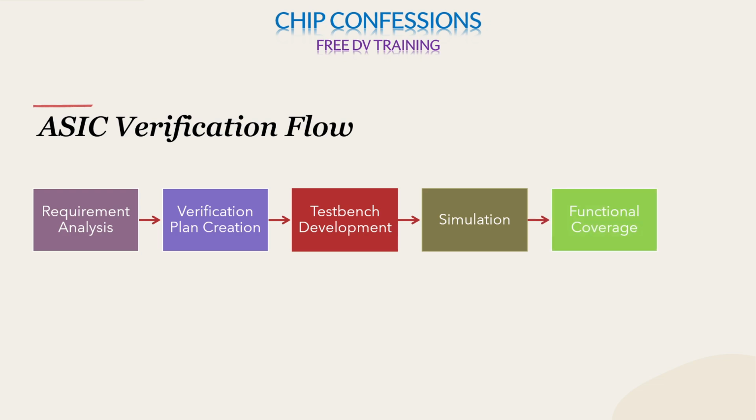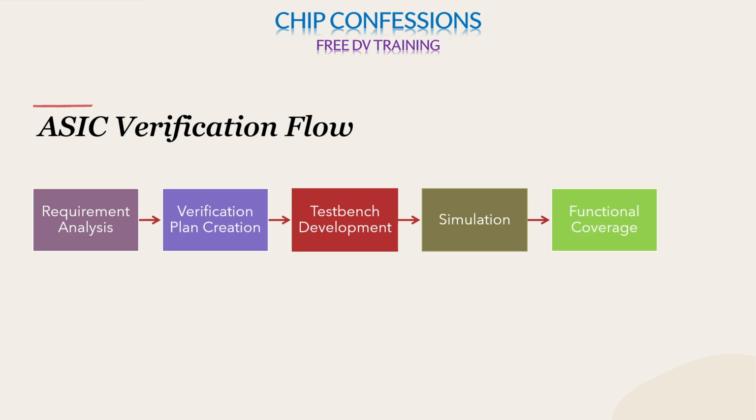Then comes the functional coverage. This functional coverage measures how many specifications we have already tested. Say we have some hundred specifications listed. Out of 100 specifications, how many have we tested? If we have tested 50, then we can say 50% of verification is done.